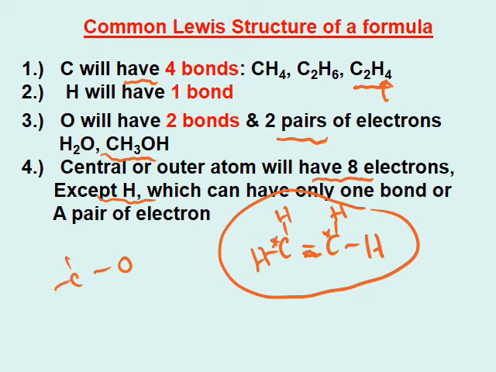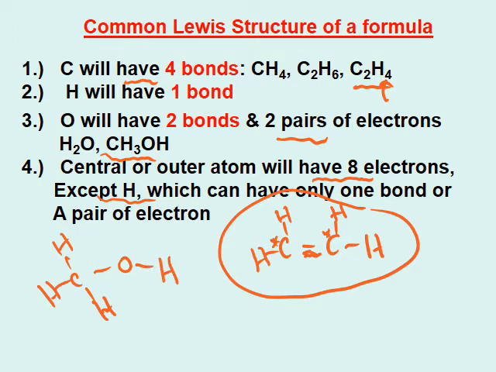So let's have those 3 hydrogens already bonded. So that makes CH3O. Then I need to add hydrogen. I cannot add any more hydrogen onto carbon because that would give too many bonds to carbon. So let's now add hydrogen here.